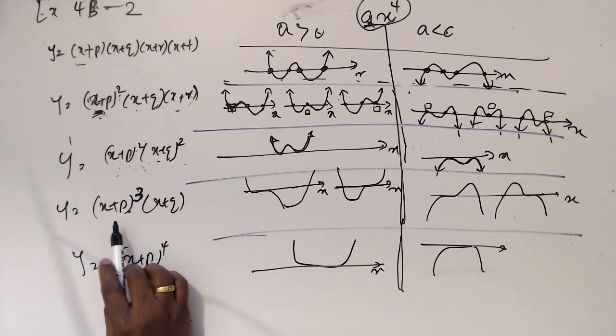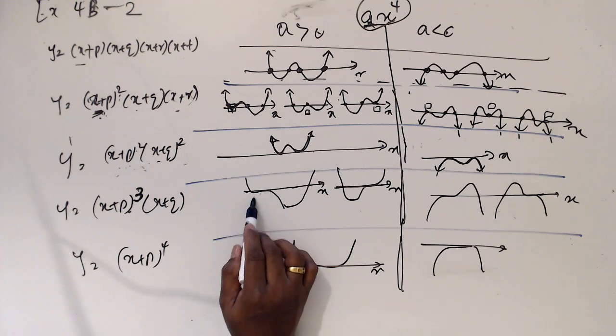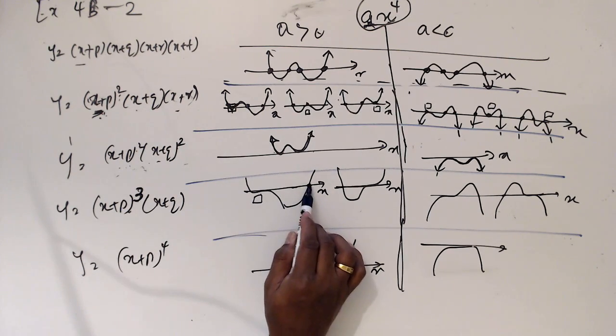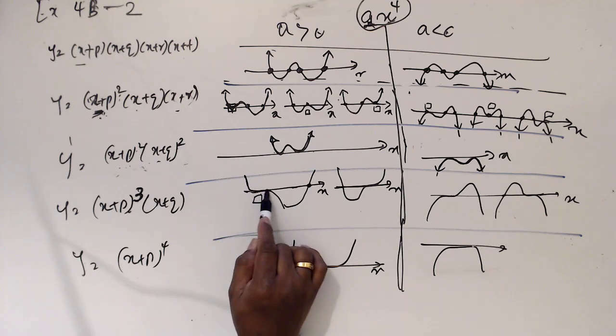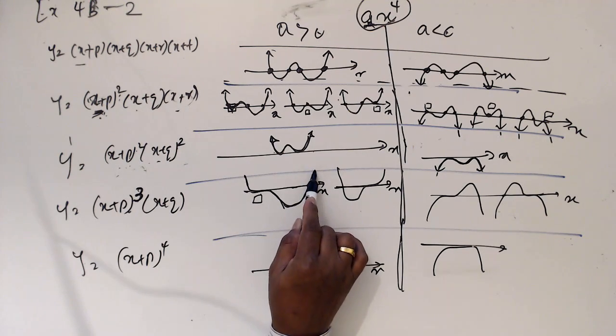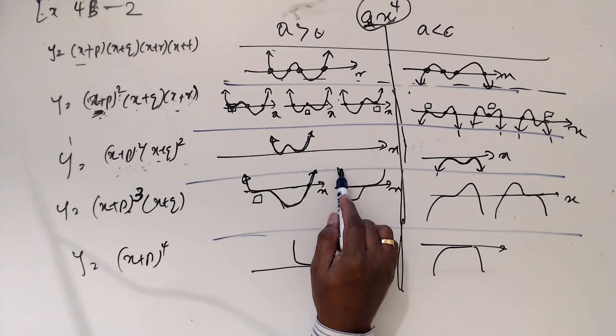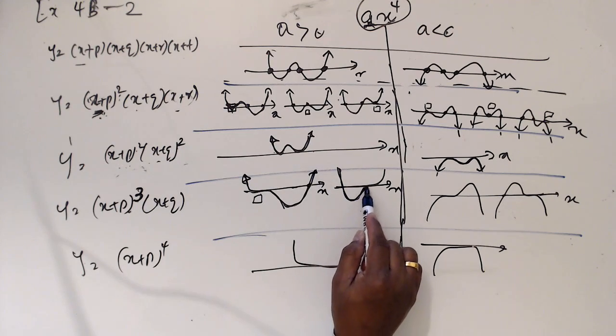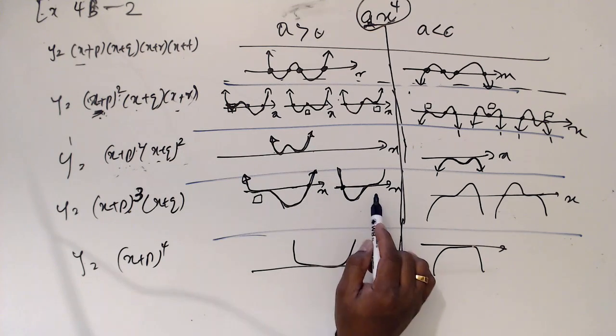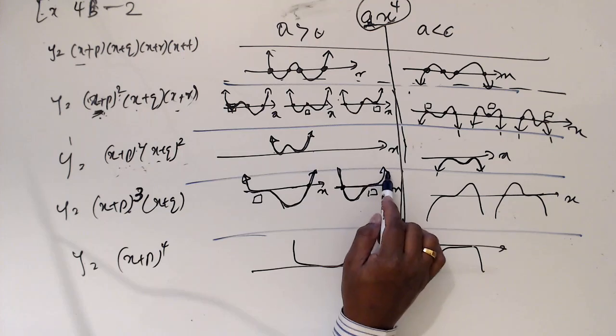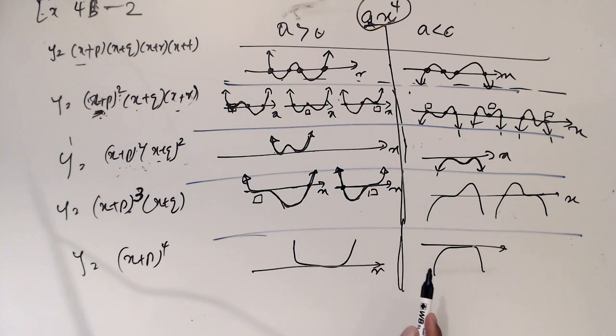Now this three-times repeated root may be on the left from the other one. Then this is a point of inflection, write this, for a greater than 0. Or it can be on the right side from the other one. So it can be something like that.